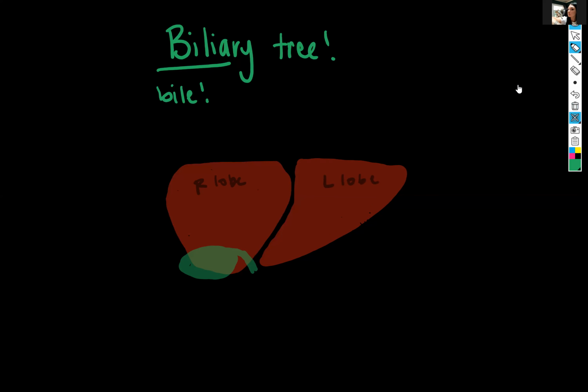So we have all of this hepatic tissue draining into a series of bigger and bigger tubes until it gets to one big tube. And same deal over here in the left, until it's one big tube.